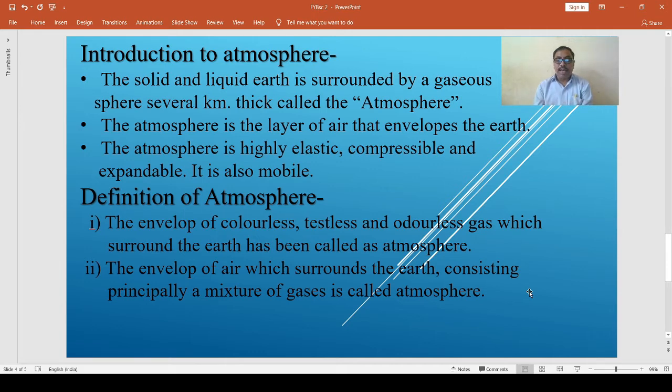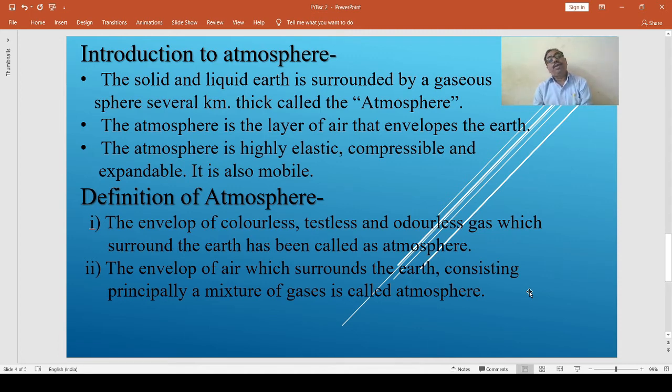The atmosphere is the layer of air that envelops the earth. This layer extends approximately up to an elevation of thousands of kilometers from the surface of Earth. Thus, man lives in the lowest layer of the atmosphere, which is made up of three components, namely gases, water vapor, and dust particles.